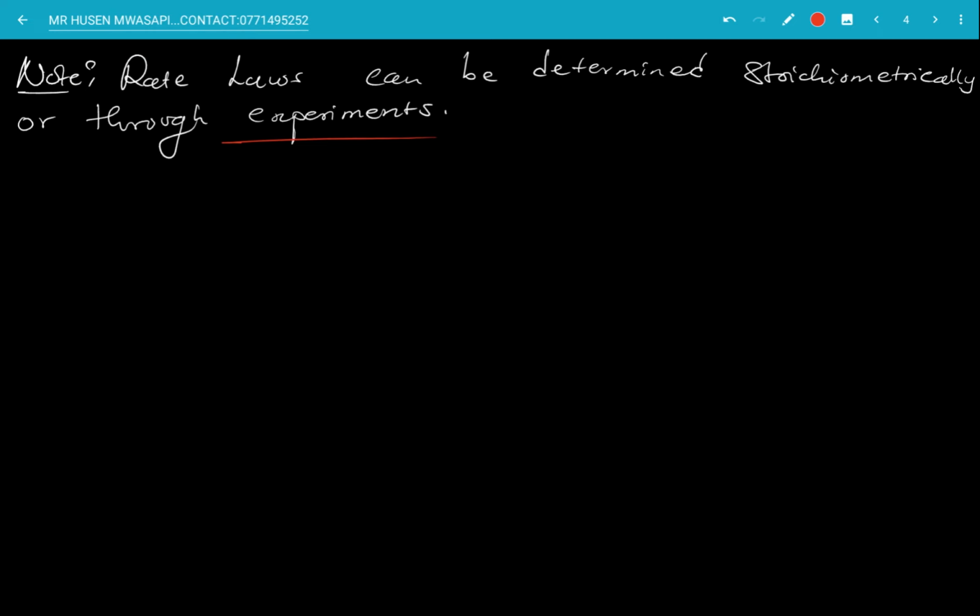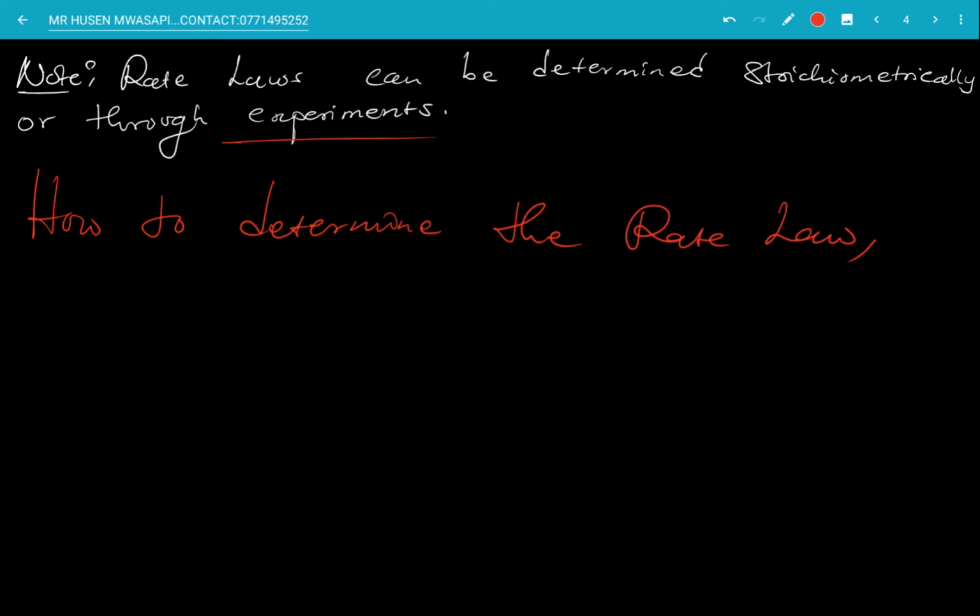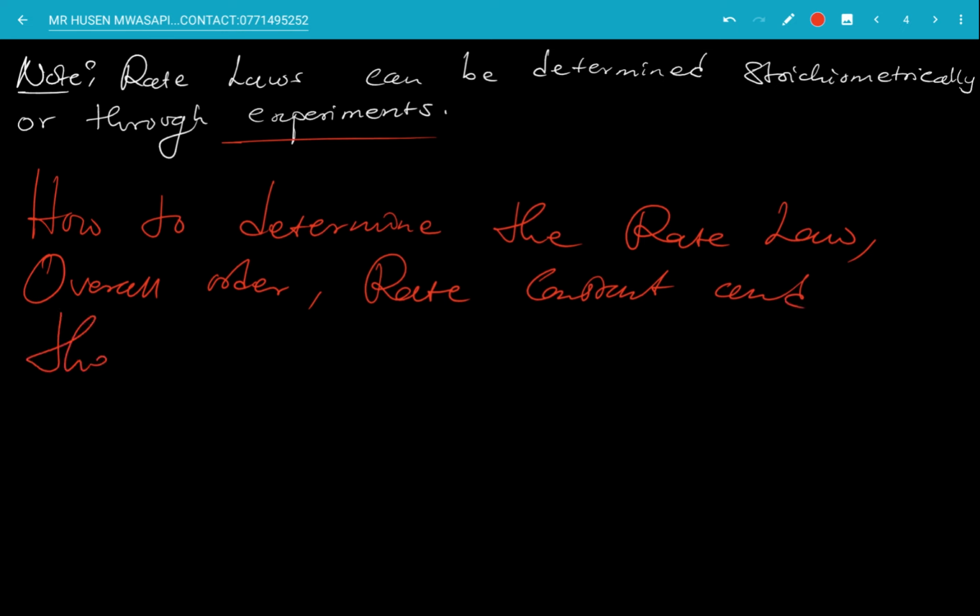Now let's try and understand the possible questions that we might come across under rate laws. Let's learn how to determine, for instance, the rate law, the overall order. We could also look at the rate constant, and finally the units of the rate constant.